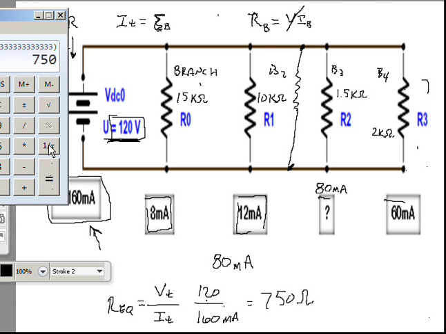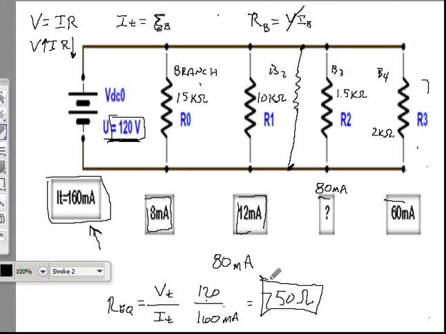Take 1 over x on that, and I get 750 ohms. So I can quickly double check my figures, and they come up properly twice.